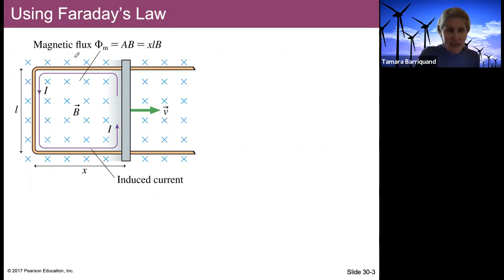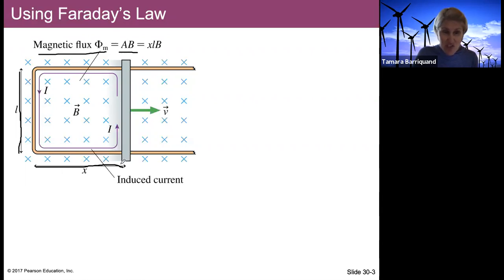circuit. And we see that the magnetic flux in our sliding wire circuit is going to be equal to the magnetic field into the screen times the area. And that area is going to be equal to X, this distance here, times L, the length of the wire that's fixed to the table.